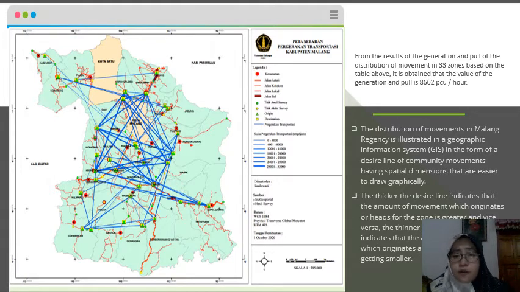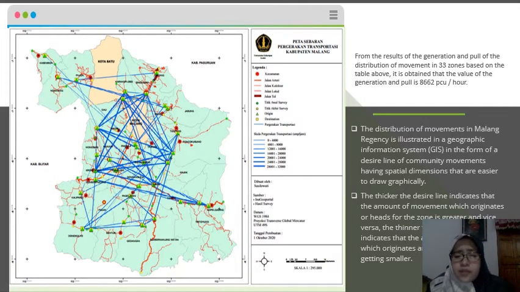It is obtained that the value of the generation and pull is 8,662 PCU per hour.